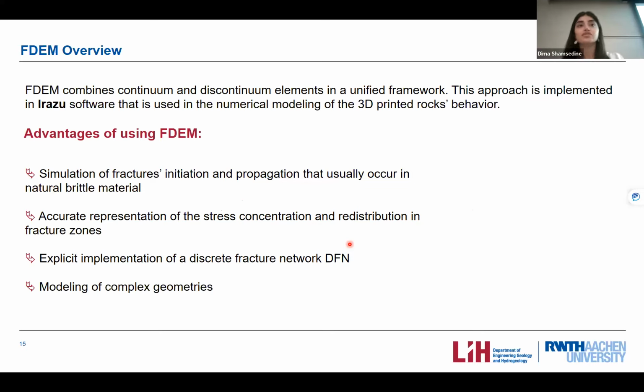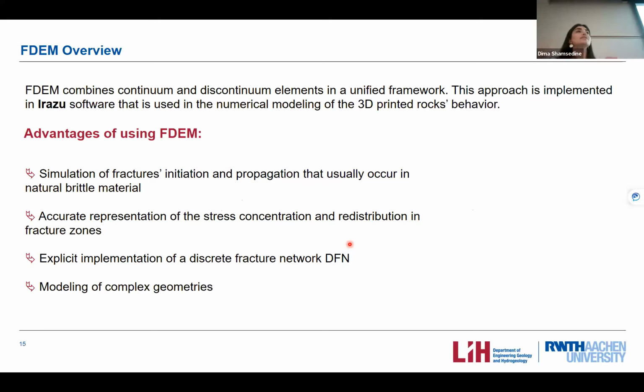What are the advantages of the FDEM, or finite discrete element method? Firstly, it allows the simulation of the fracturing process in brittle rocks, which is the fracture initiation, propagation, and coalescence. Secondly, it allows the accurate representation of the stress distribution, or the stress field, around the fracture zones.